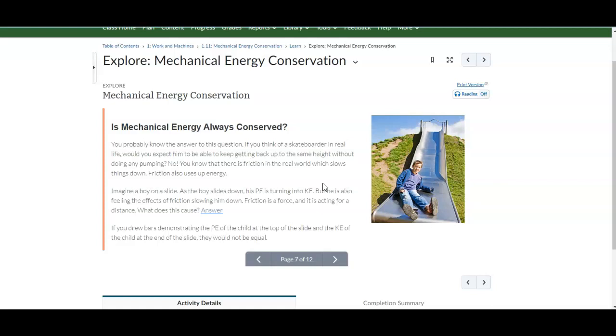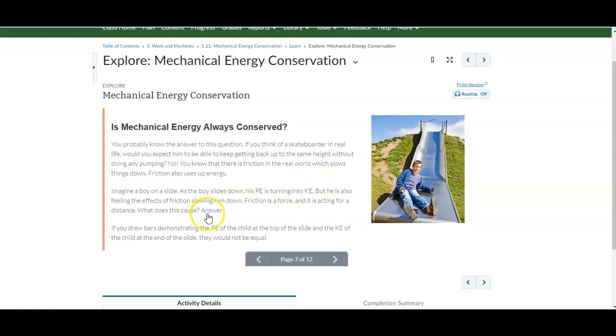No. You would know that there's friction in the real world, which slows things down, and friction also uses up some of that energy. So imagine this boy on the slide. As he goes down, his PE is turning into KE, but he is also feeling the effects of friction slowing him down.